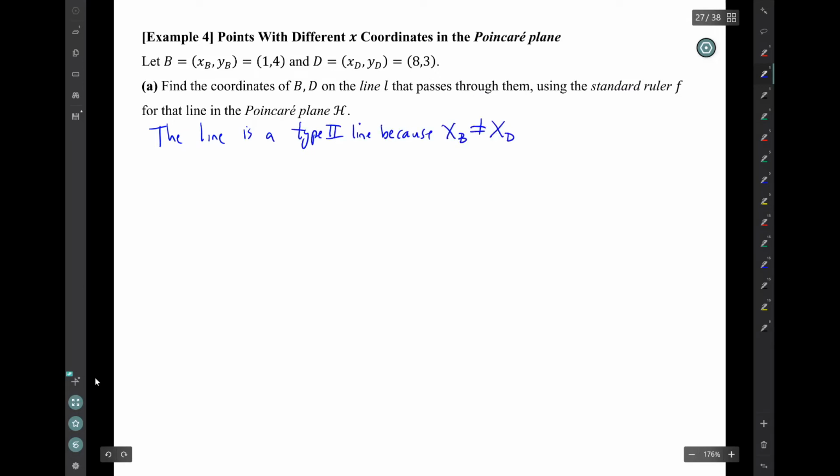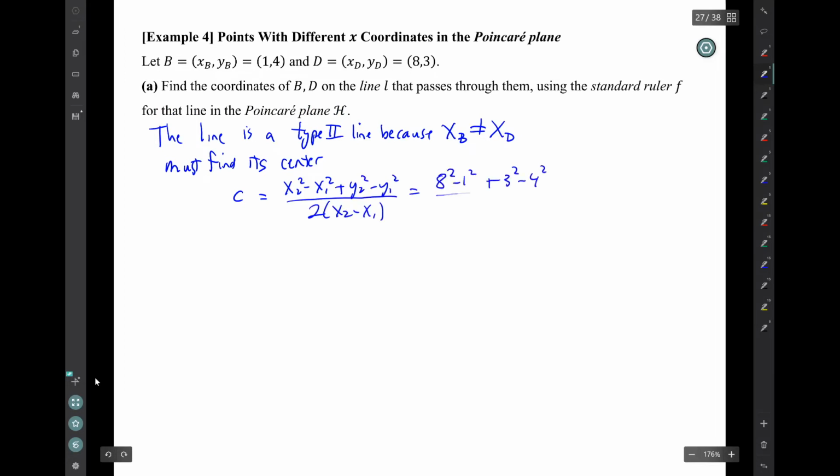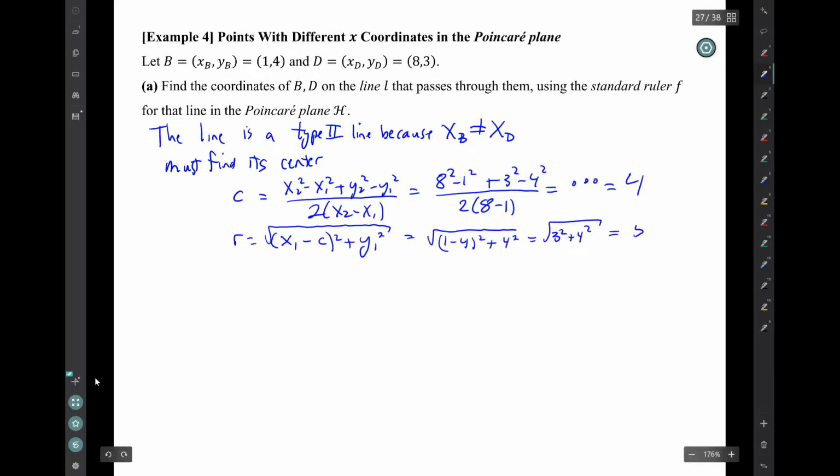So we need to find its center. We use the formula for the center of a line. So the type 2 line has center C equals 4 and radius R equals 5.